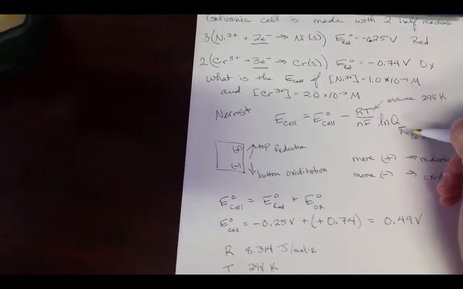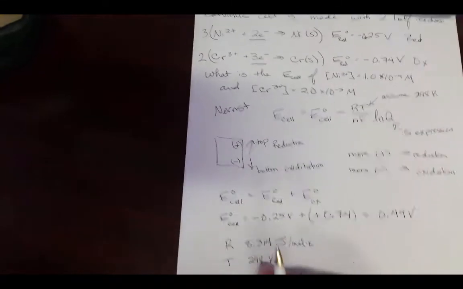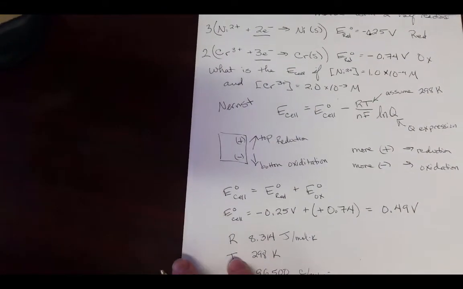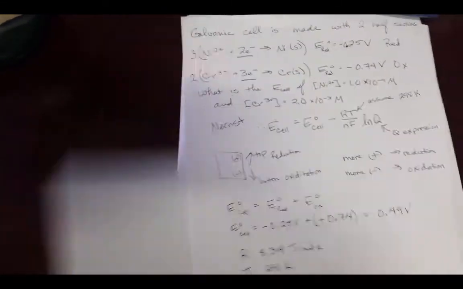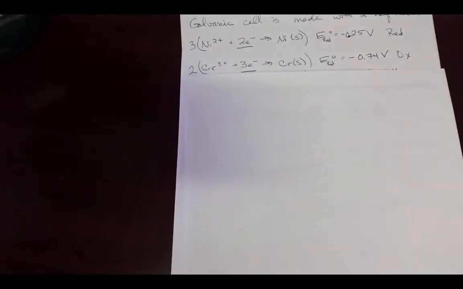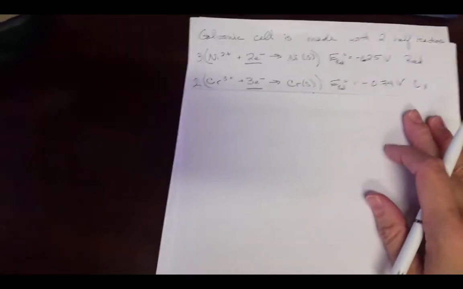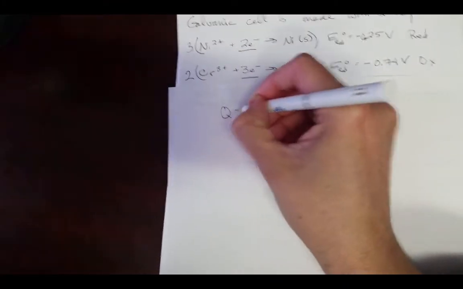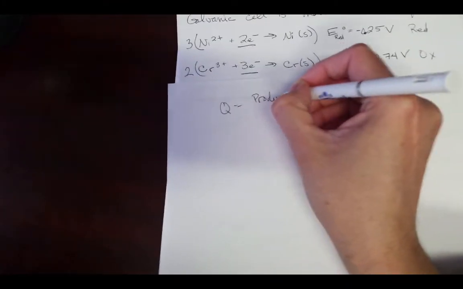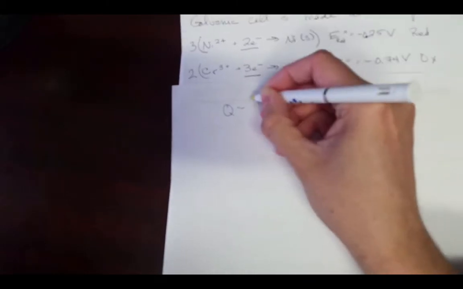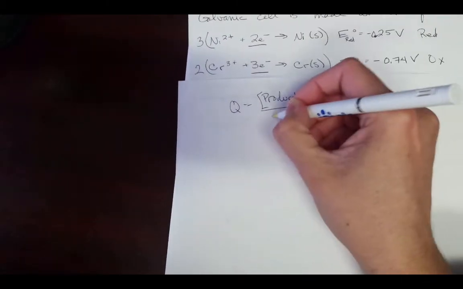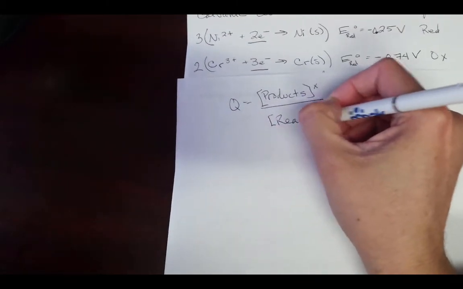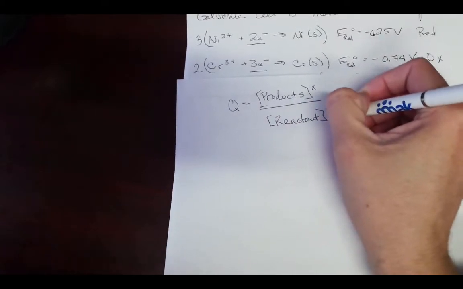So we have to take a look at what our reaction will be, which means at this point I need another piece of paper. To figure out Q, I need products over reactants, raised to their exponents. That's right, we've got to figure out exponents.